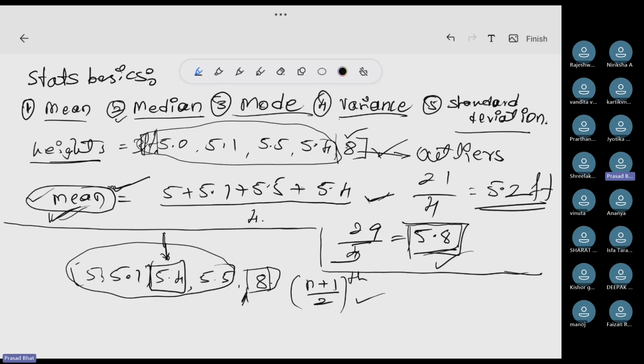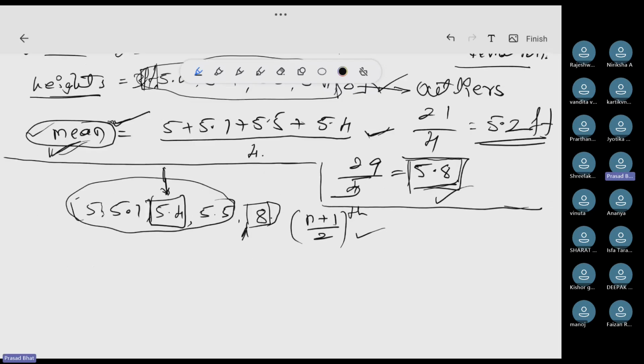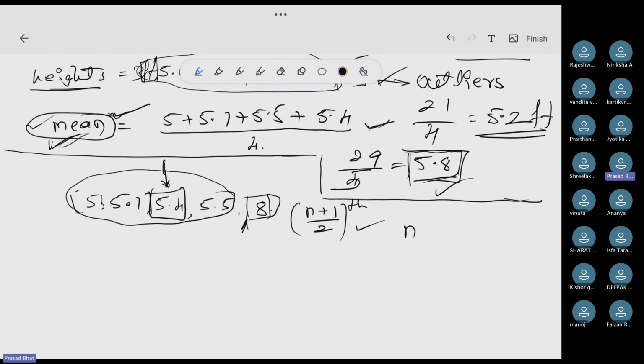Is it clear? If we have an even number of samples, then what we do? We take the n by 2 value, right? Plus the (n plus 1) by 2 value. We can write it like: value of the n by 2th element, the (n plus 1) by 2th element, right?